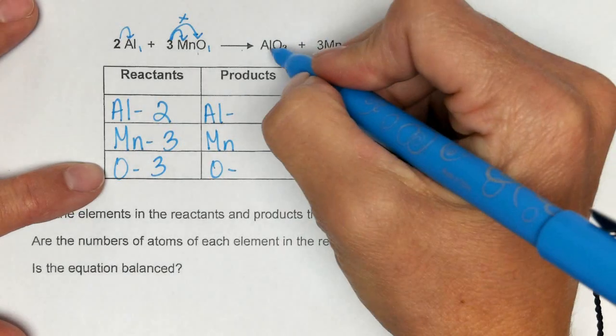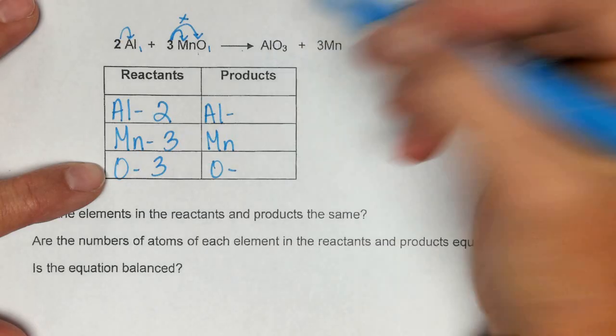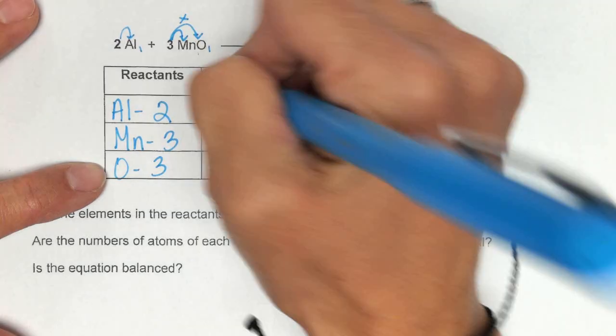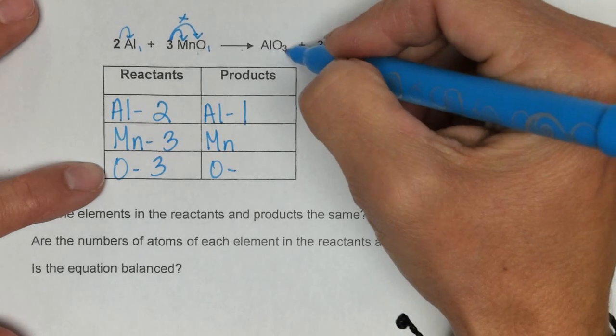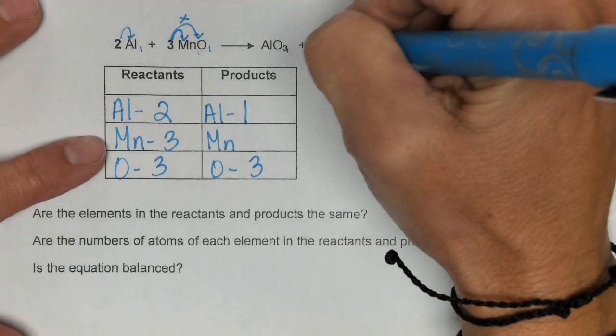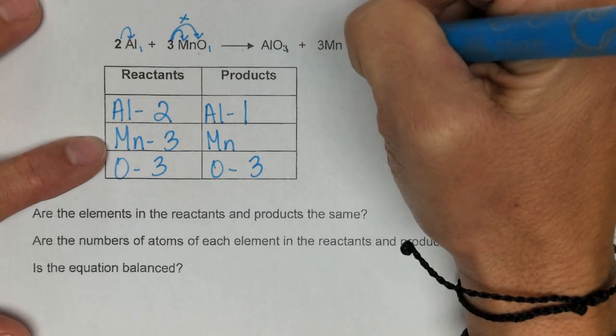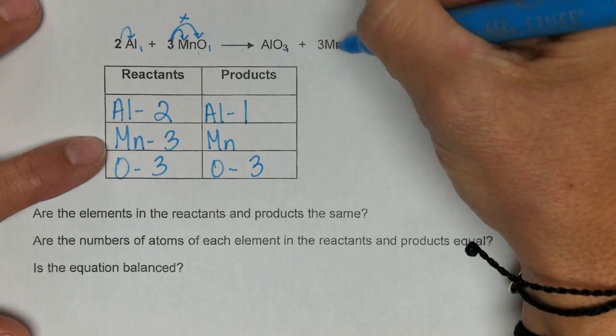On this side, aluminum, I have an understood 1 as a coefficient, and that's an understood 1 behind it as a subscript, so aluminum only has 1. Oxygen has 3 from that subscript, so oxygen has 3. And this manganese has 3.